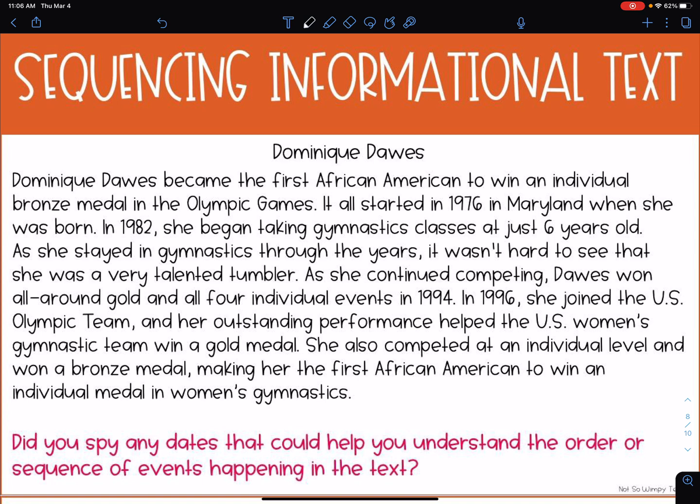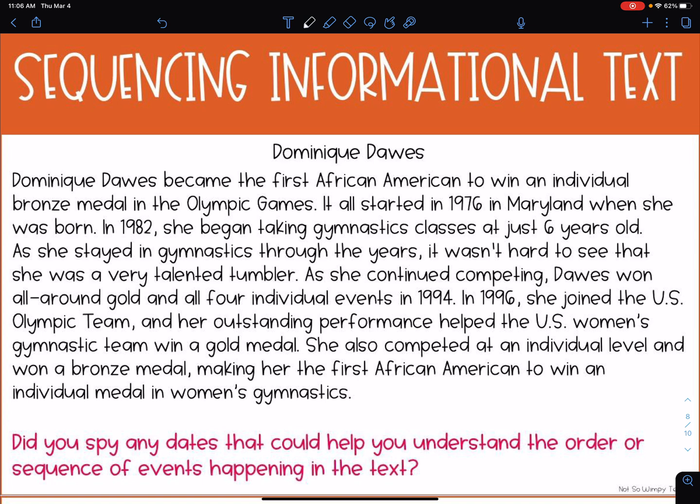As she continued competing, Dawes won all-around gold and all 4 individual events in 1994. In 1996, she joined the U.S. Olympic team, and her outstanding performance helped the U.S. women's gymnastic team win a gold medal. She also competed at an individual level and won a bronze medal, making her the first African American to win an individual medal in women's gymnastics.